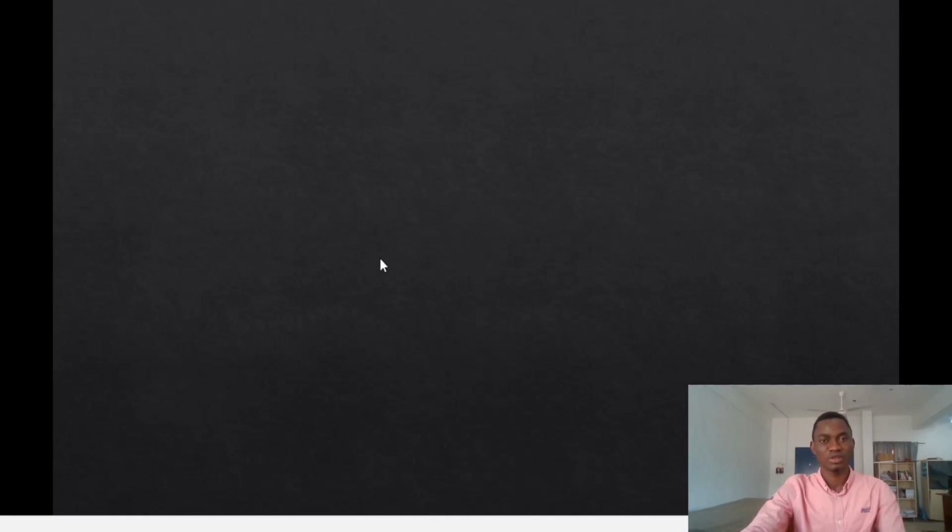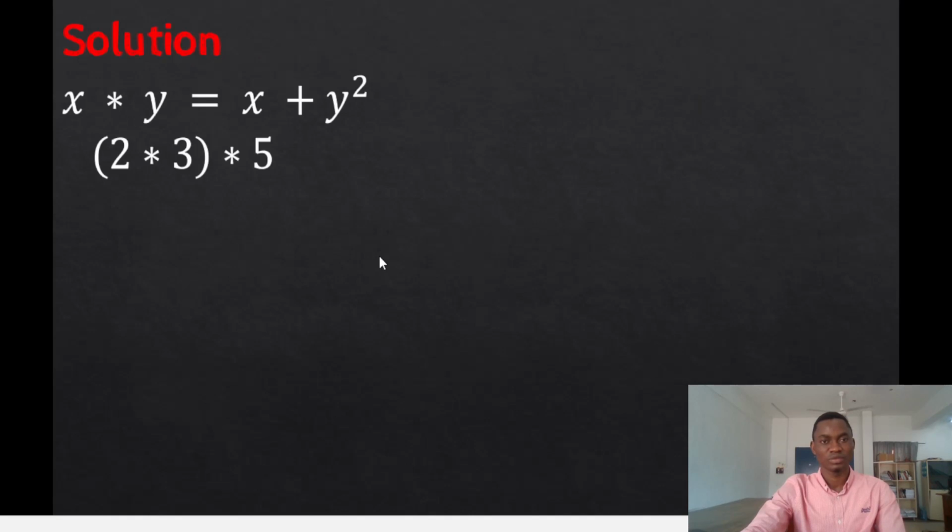Let's look at the solution. Yes, we have to write down the given formula. Okay, x and y are being combined in this manner, x plus y squared. You write the first element, then you add the square of the second element.